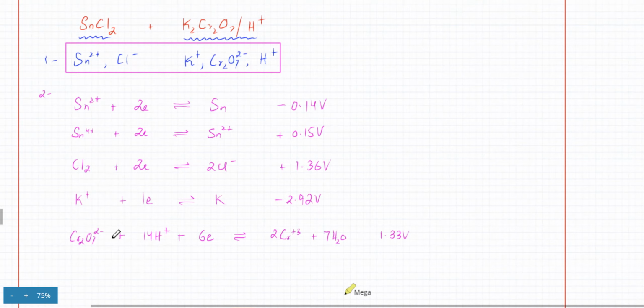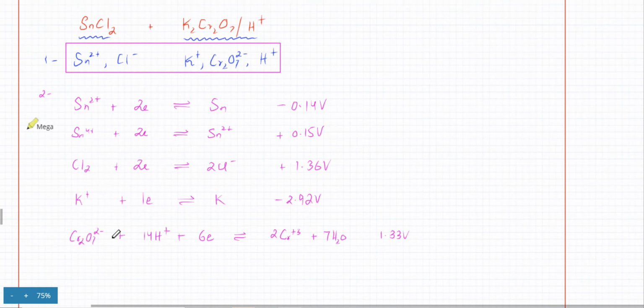Now, the next rule is that the highest potential is the one that's going to gain electrons. If you look at all these equations, the highest potential is shown by which one? This is the one that has the highest E naught, 1.36 volts.